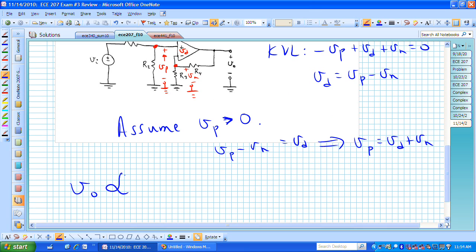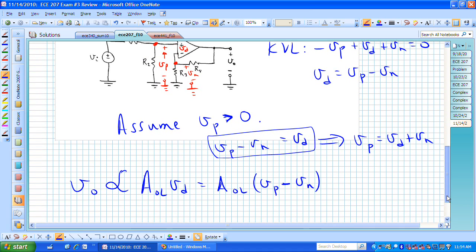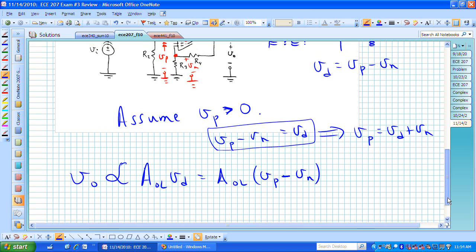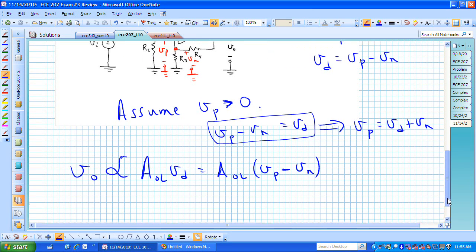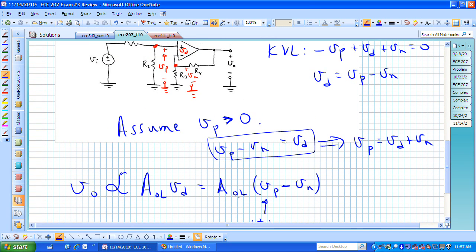V naught is proportional to V sub D. So maybe what I should have done was kept this in terms of V sub D. So this is now A sub OL times V sub P minus V sub n. If V sub P is positive, then what we have is V naught is this large gain times this differential voltage V sub D.